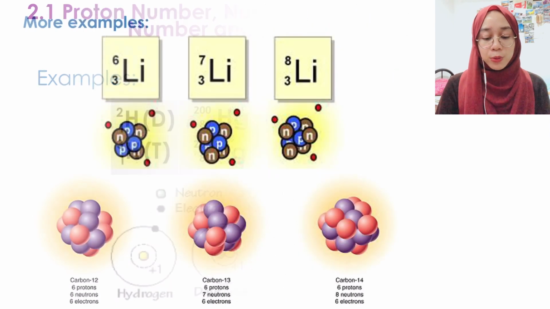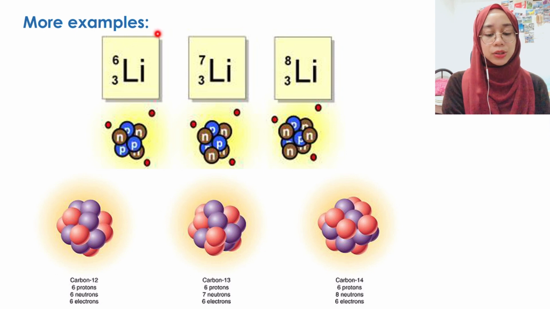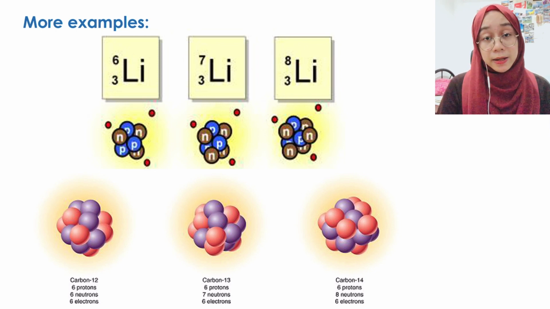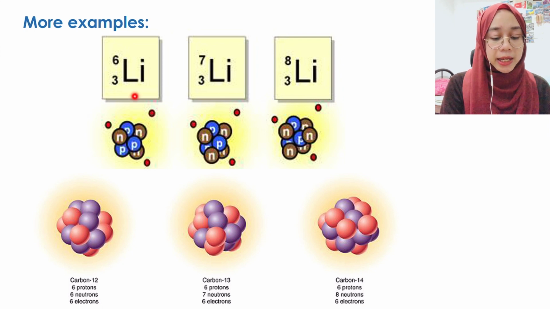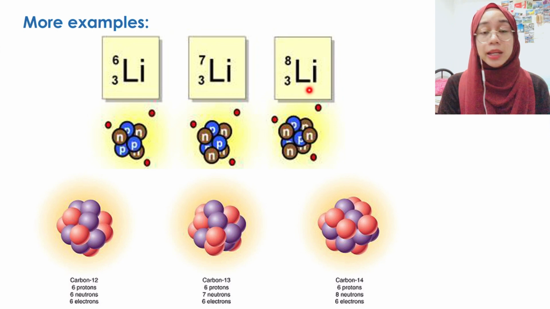So ada lagi a few example, for example macam lithium ni pun, as you can see all of these 3 lithium they have the same number of proton. Okay, but then as you can see the nucleon number berbeza, bermaksud number of neutron dia berbeza. Lithium ni ada 3 neutron, lithium yang kedua ni ada 4 neutron, lithium yang ketiga ni dia ada 5 neutron.